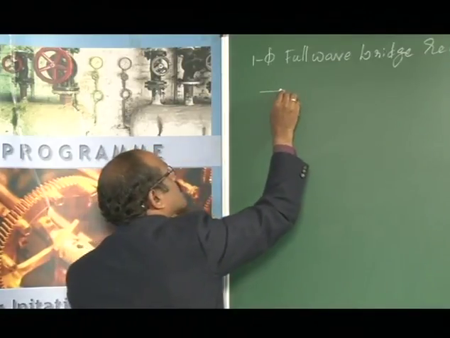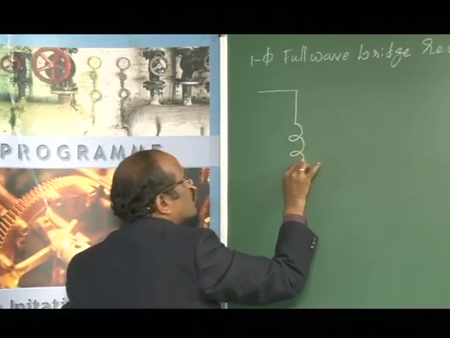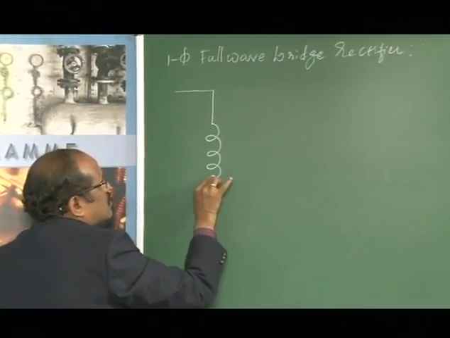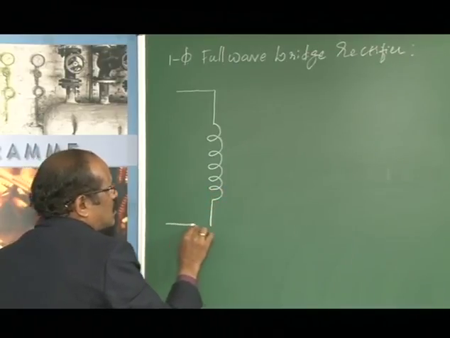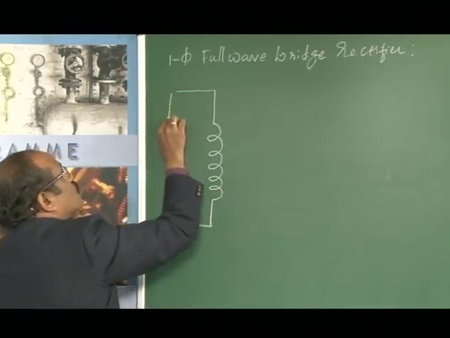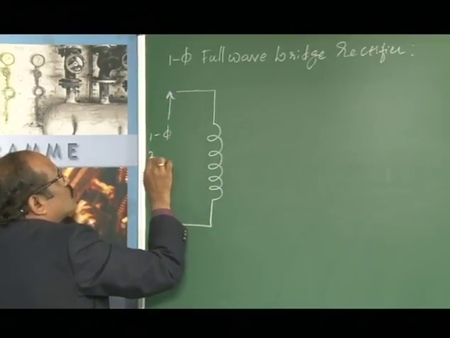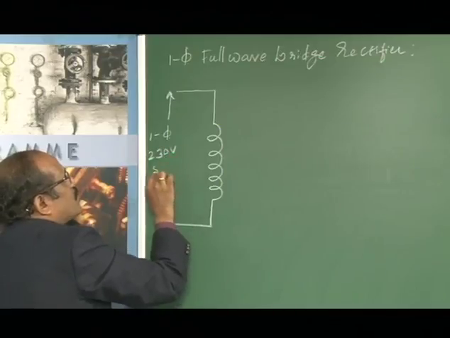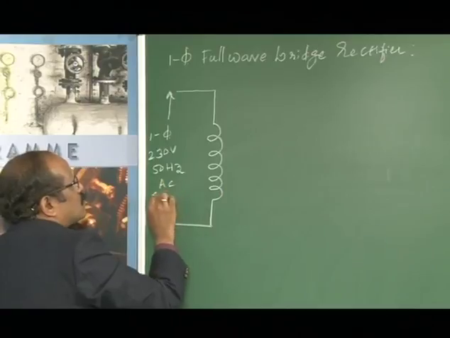As shown in the figure, it consists of a transformer, usually called a step down transformer. This is the primary, and to this we feed a single phase 230 volts 50 hertz AC supply, which is very much available.